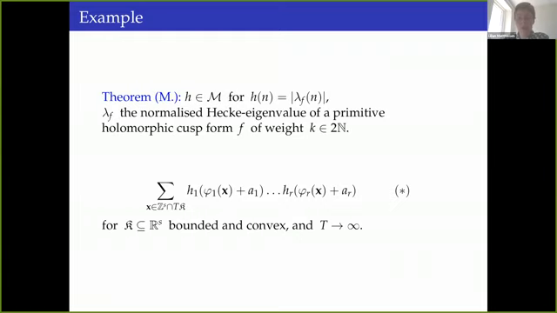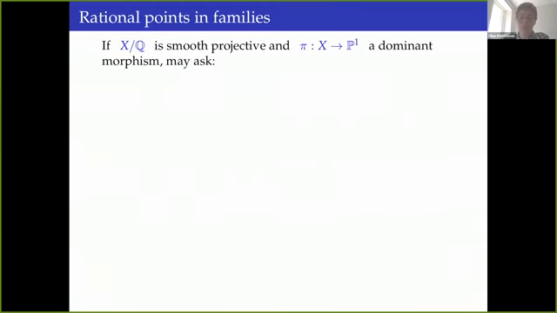And I want to continue to discuss an application of asymptotics for star, in the case where the functions are multiplicative, to study rational points. The question I would like to discuss is one that concerns fibrations over the projective line.